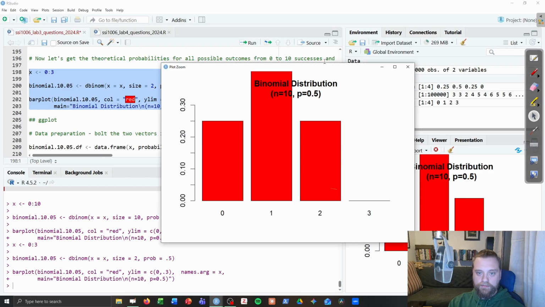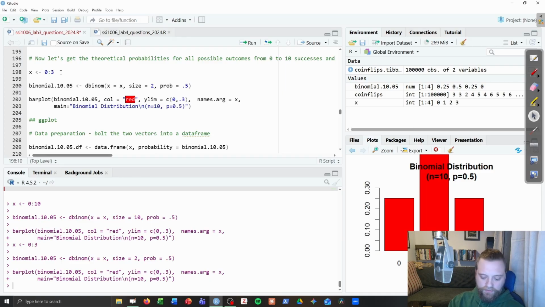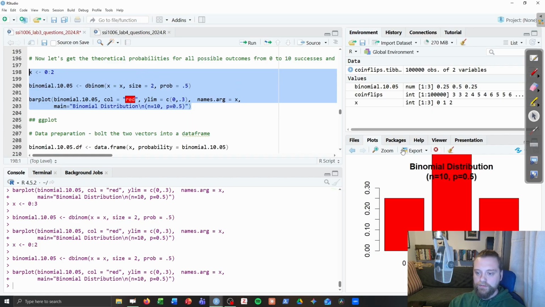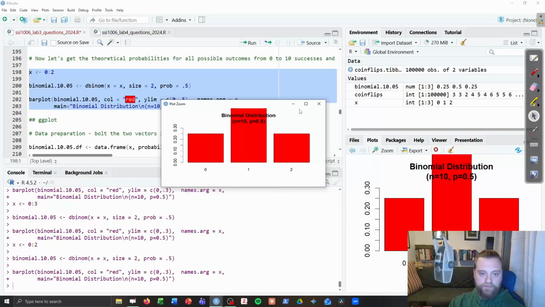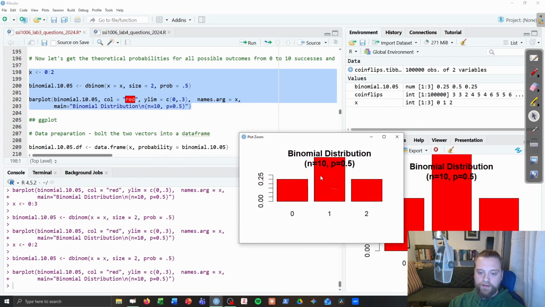So there we go, there's our binomial distribution. Oh no, they range from 1 to 2, that's why it looks strange. Let me just correct that. So 0 to 2, and we've got our plot that we looked at earlier with these higher probability densities in the center.